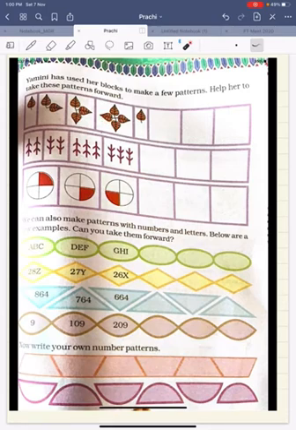So you can see what is happening in this pattern. They are turning and adding one leaf. After 4 leaves, it starts again with 1 leaf. So in this box we will draw 1 leaf, then turn and draw 1 more leaf. Like this you have to complete the pattern.